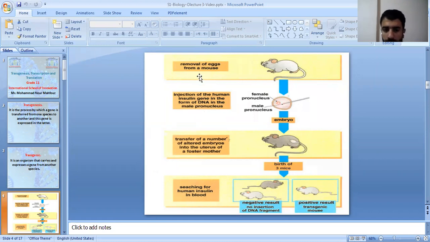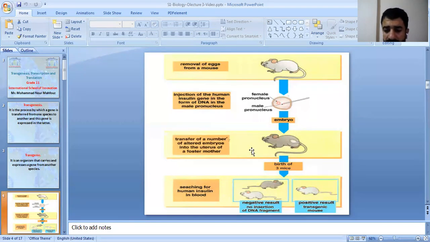So I repeat, we remove the eggs from the mouse, we inject the human insulin gene. The human insulin gene means the insulin gene in human; we inject it into the mouse, and we inject it in the form of DNA in the male pronucleus. This male pronucleus is injected into the female, and we have the result, the embryos. So transfer of the number of altered embryos into the uterus of the foster mother.